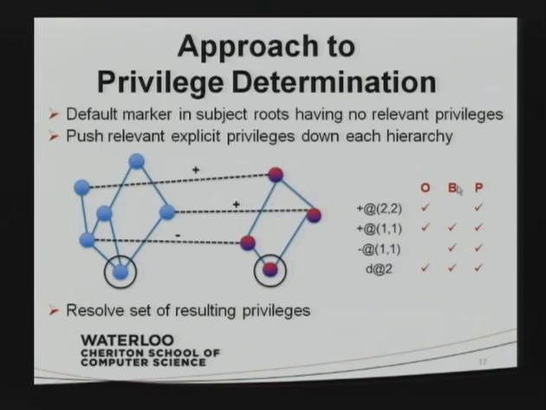Okay, so depending on how we deal with single paths, I can collect together a set of explicit permissions or denials, and how far away they are from where I am. And now I'm going to take this resulting set and apply my conflict resolution rules to it.